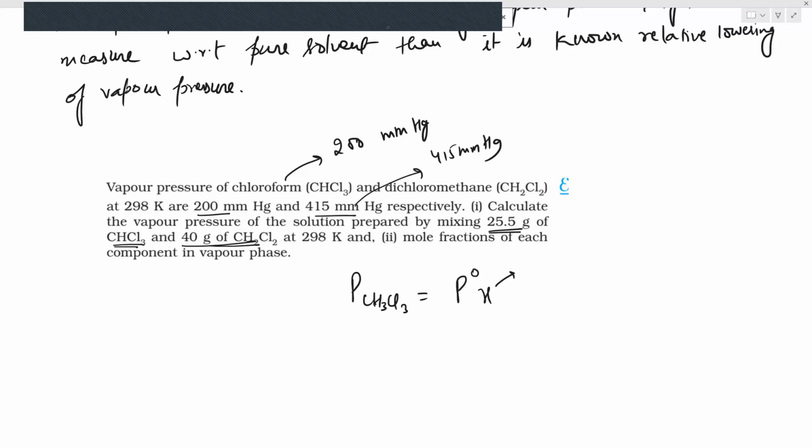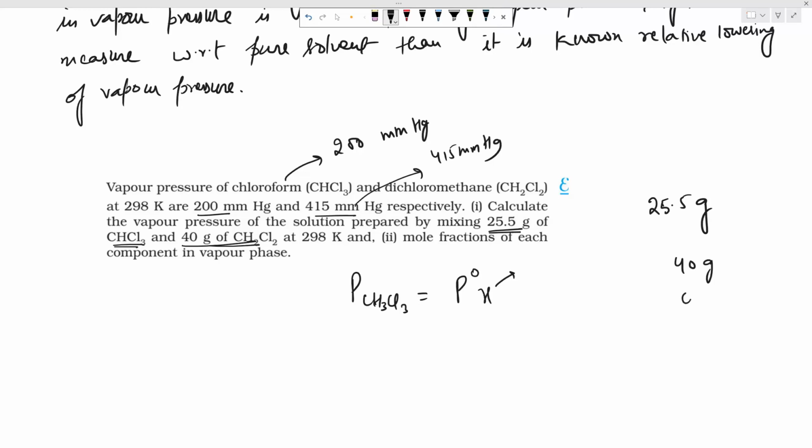So how can you calculate this? First, calculate the number of moles of this one in 25.5 gram and that of 40 gram of CH2Cl2. Calculate its number of moles.